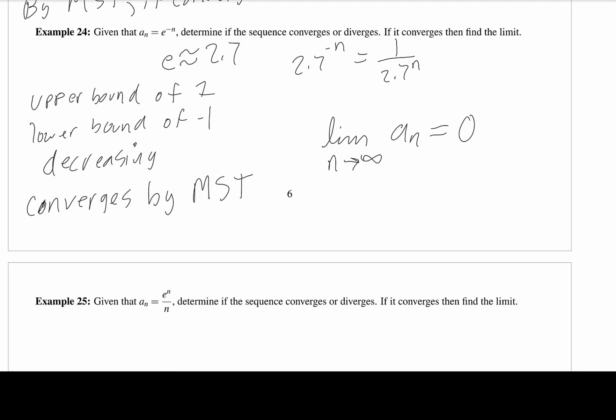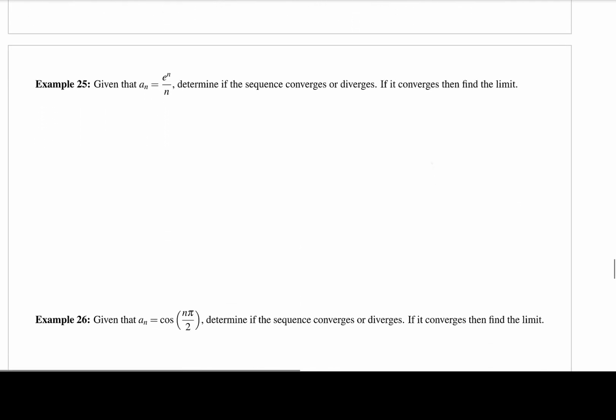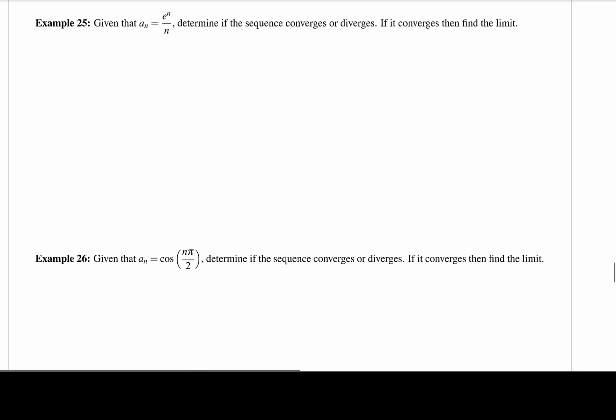Now let's look at example 25. Alright, so let's just look at these terms. a sub 1 is approximately equal to 2.7 to the 1 over 1, so this is just 2.7. a sub 2 is approximately equal to 2.7 squared over 2.